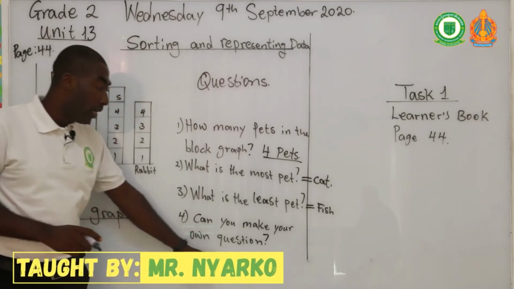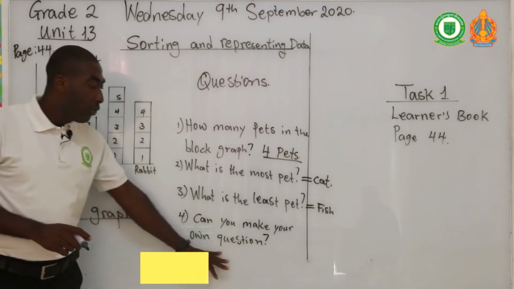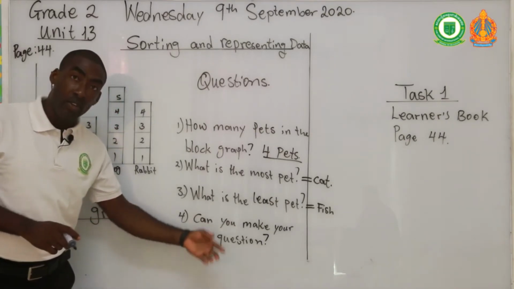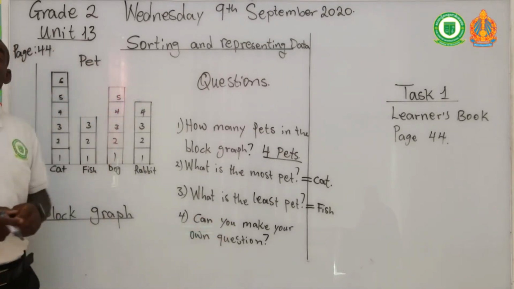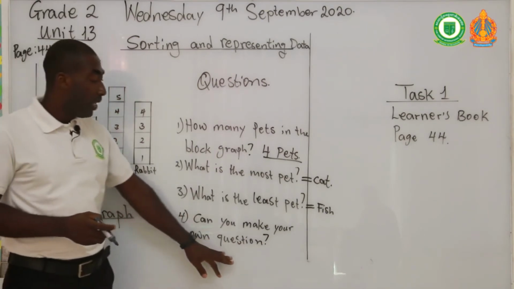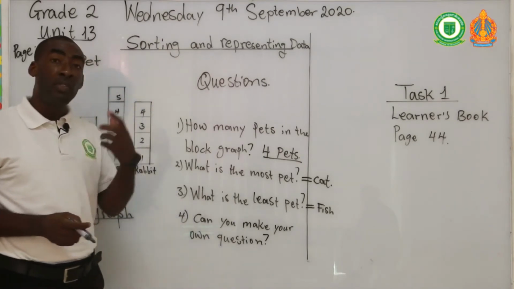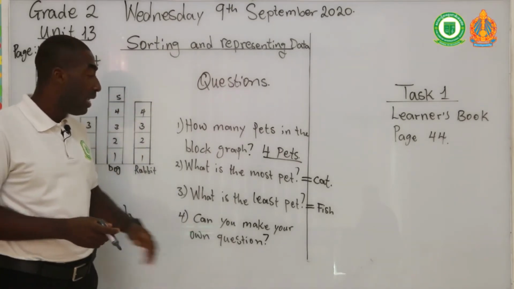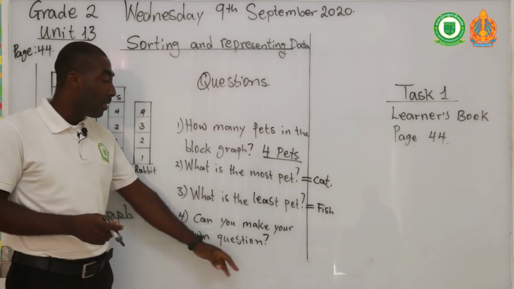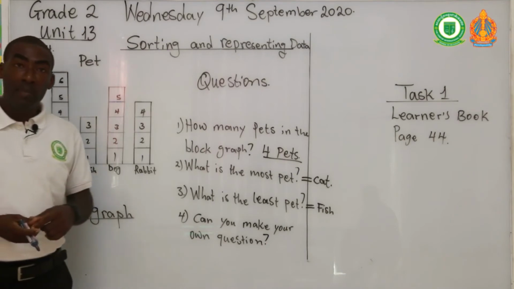In your own way, if you look at this block graph, can you make your own questions out of the block as you look at it? This will be a task for you to discuss in our Telegram group before we even go to our main task 1. I want you to start thinking about a question that you can make from this graph. I can give you an example.